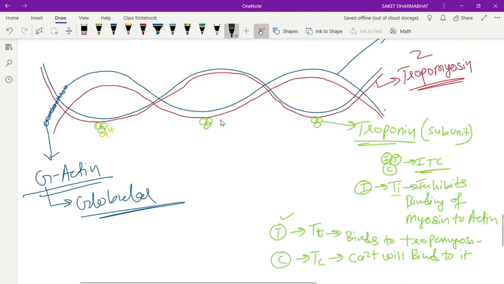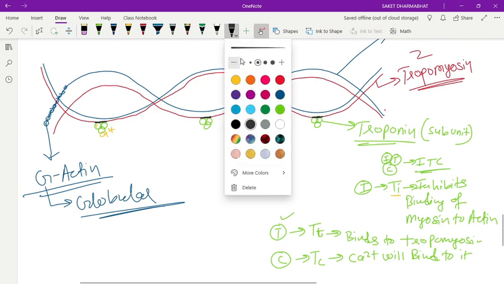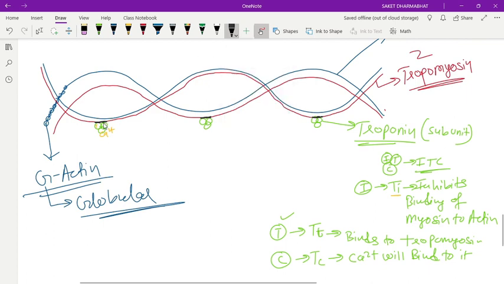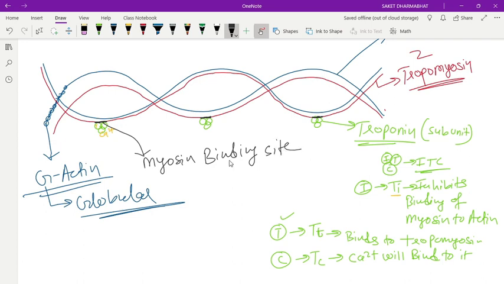Okay, so one thing, see, here one site is there, this place. Are you seeing this black color? This is one site. What is the name of this site? Myosin binding site. Very good. Now here who will come and bind? Myosin. Right now who has covered it?